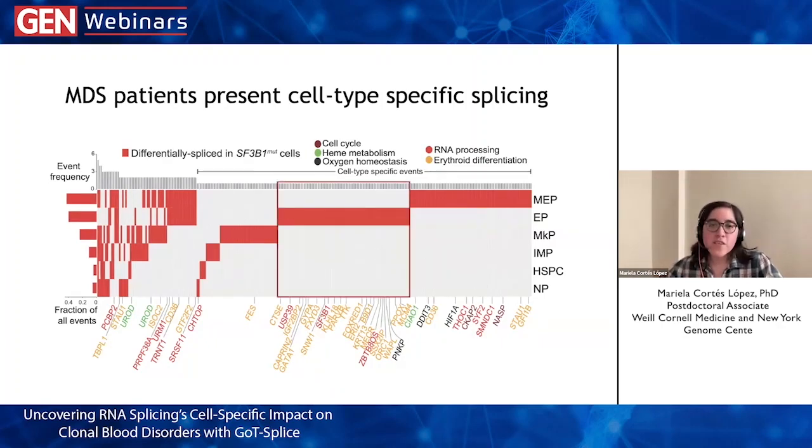And in this case, I just wanted to highlight this cluster of genes that are also only present in the erythroprogenitors. And as we can see from the labels, most of those genes tend to be involved in erythroid differentiation, making sense that certain genes that are important for erythroid differentiation are also specifically misspliced in erythroprogenitors.